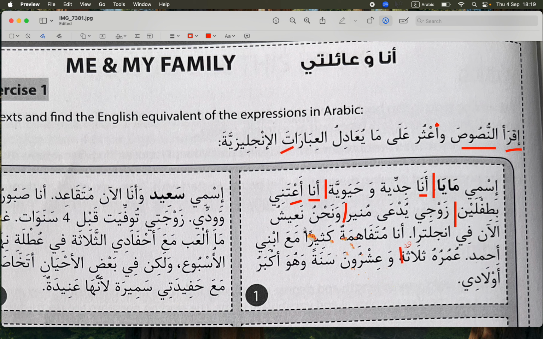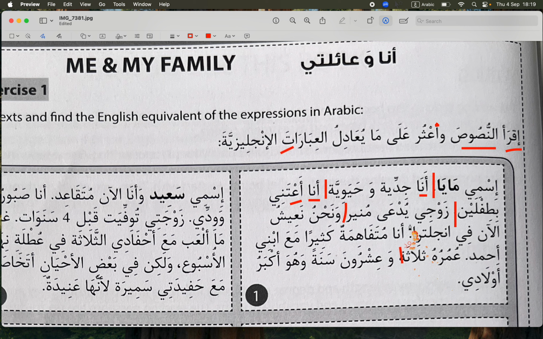Na'am. Wa nahnu na'ishu al-an fi Inglitira. Nahnu, we, na'ishu, live, al-an, now, fi, in, Inglitira, England. So Inglaterra is probably the French way of saying England, basically.